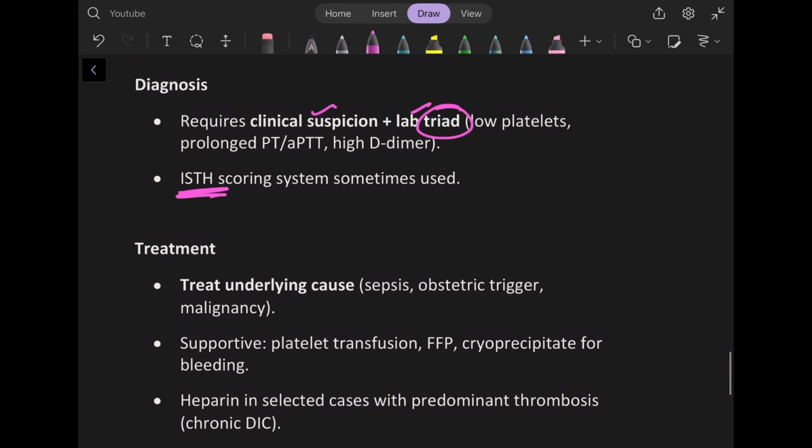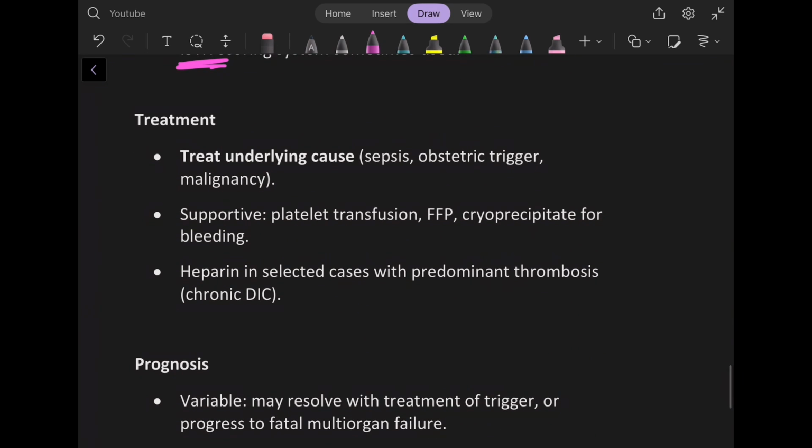Now, treatment of DIC always starts with treating the underlying cause, whether it's sepsis, an obstetric complication, or malignancy. Supportive therapy includes platelet transfusions, FFP, and cryoprecipitate for patients with significant bleeding. In selected cases of chronic DIC with predominant thrombosis, heparin may be used cautiously.